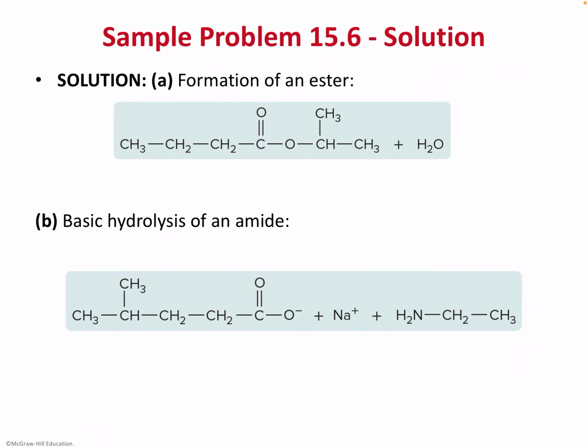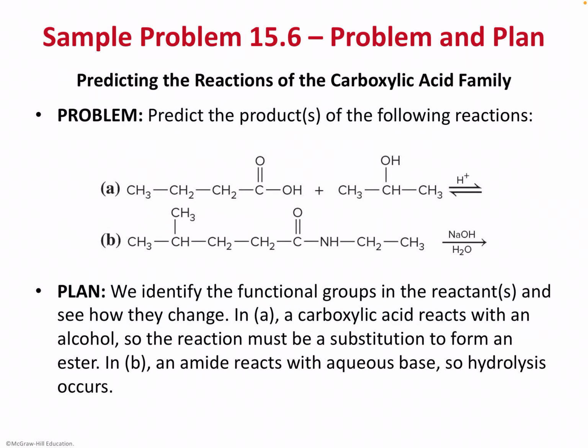Okay, and then the next one, you have B. So this compound has a carbonyl group and NH, so this is an amide functional group. You're adding sodium hydroxide and water. When you add that, it's going to break this bond between this carbon and the nitrogen.